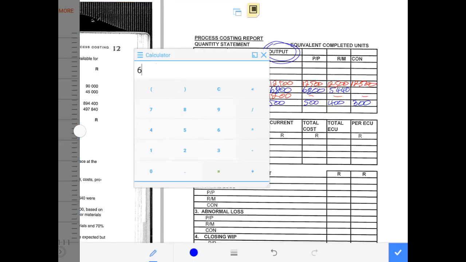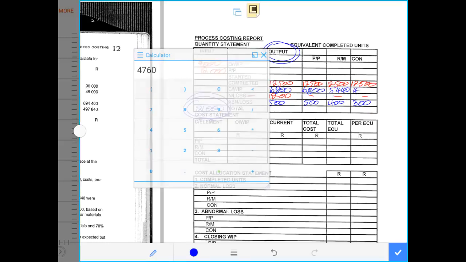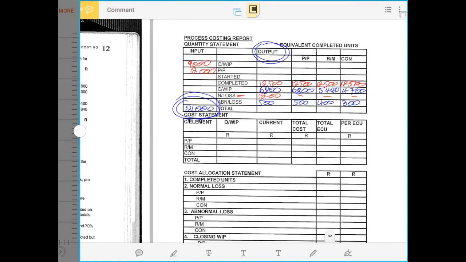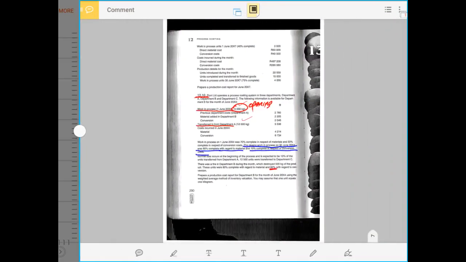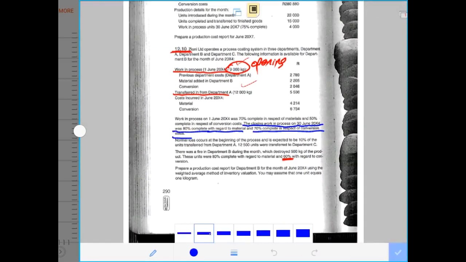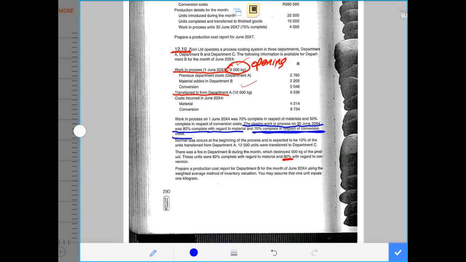Then we also say 6,800 times 70%, because it was 70% complete in terms of conversion cost, which will give us 4,760 units. And let us confirm that conversion cost was 70% complete by the end of the year. Yes, 70% complete in respect of conversion cost.